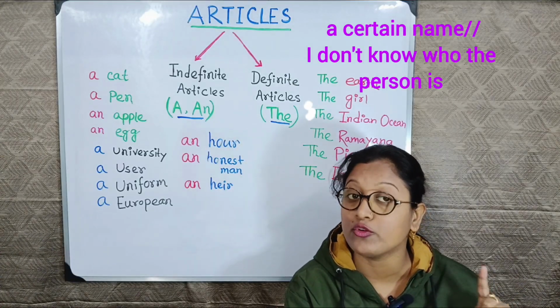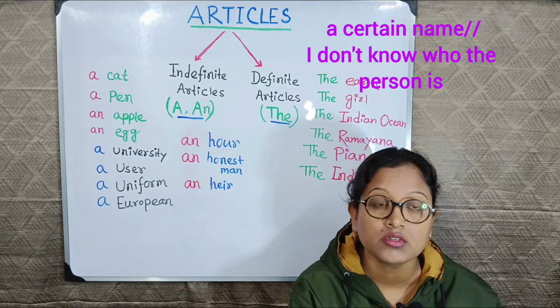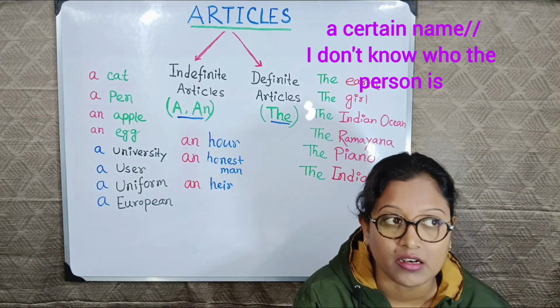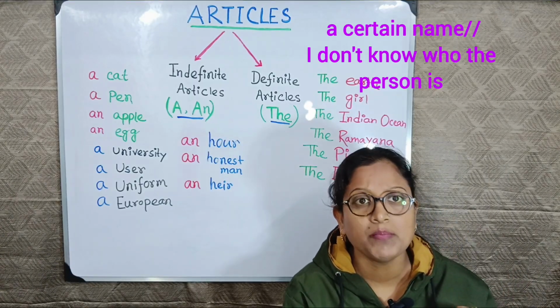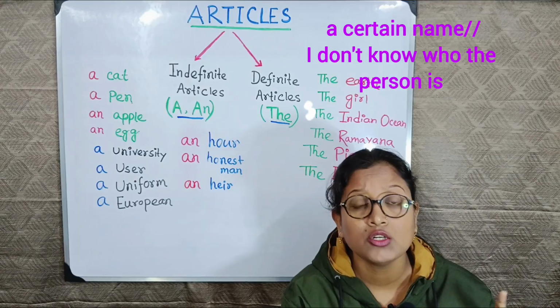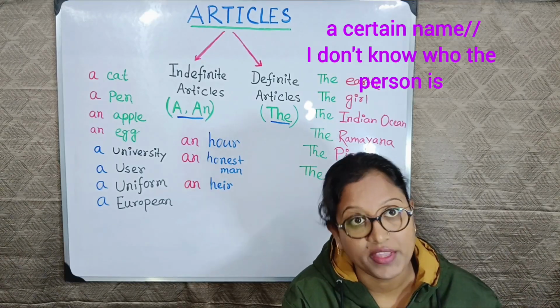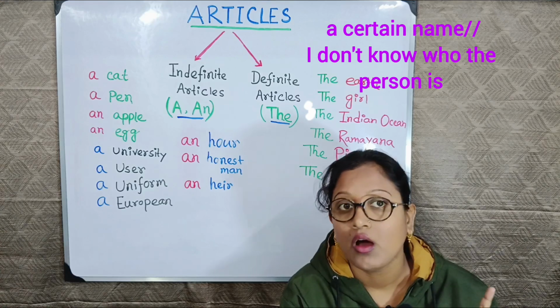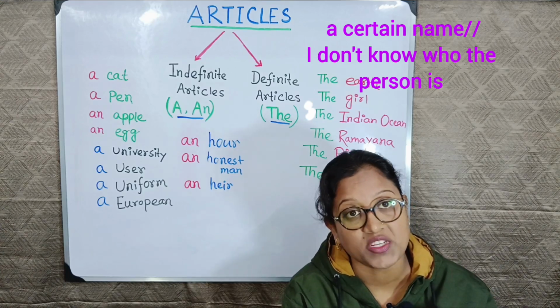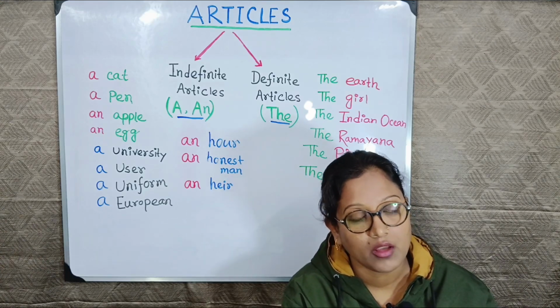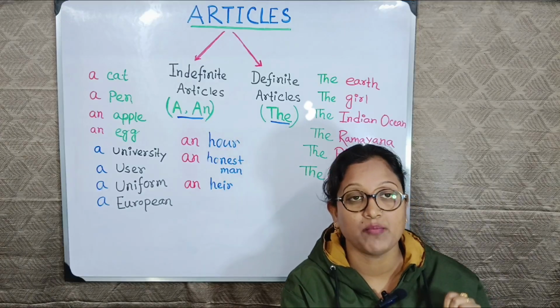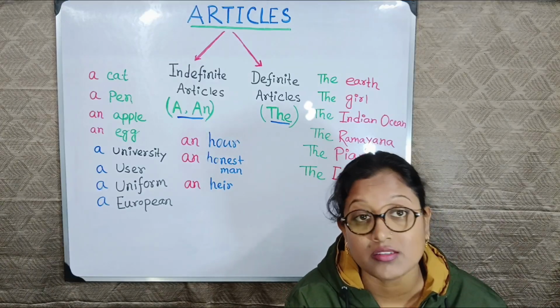So, a or an we use before nouns meaning a certain. But when I'm saying Mr. Mukherjee called you, Papa, to see you or to meet with you, at that time I know who Mr. Mukherjee is. I know Mr. Mukherjee. Okay? So we use a or an before names meaning a certain.